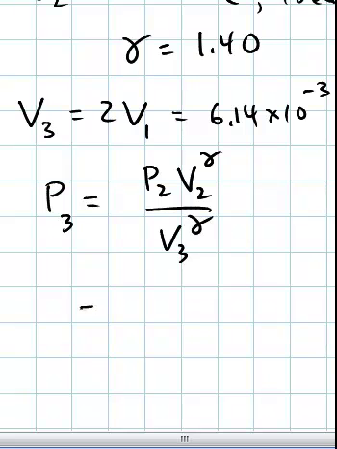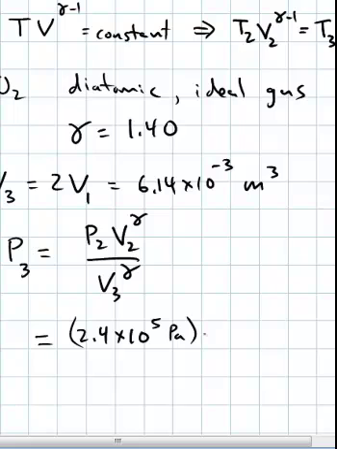And let's just start plugging some things in here. Pressure at 2 is 2.4 times 10 to the 5th pascals. The volume, 1.23 times 10 to the minus 2.